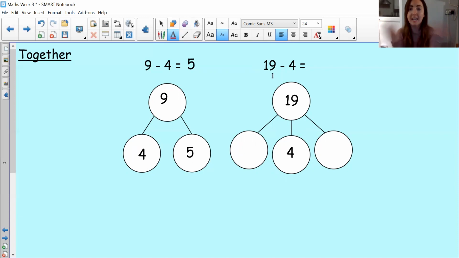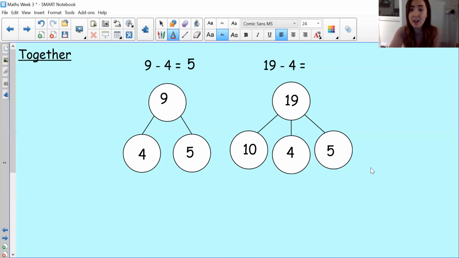So how many 10s are there in 19? That's right, 1 10. So we can draw that and write that in the part whole model. And then how many 1s? 9 1s, yes. Now we've already taken 4 1s away from 9 1s, and we know that 9 ones take away 4 ones equals 5. So the other part is 5.